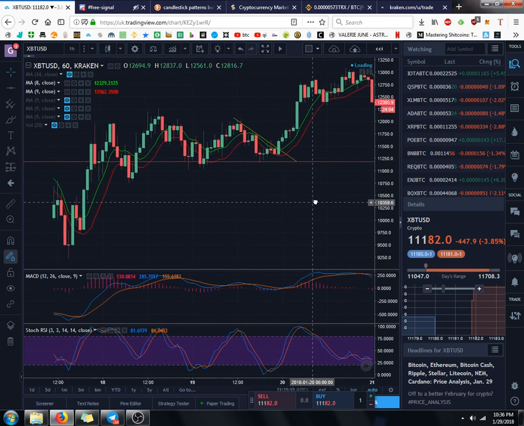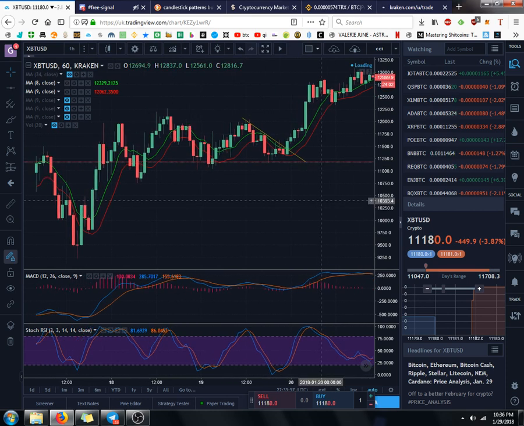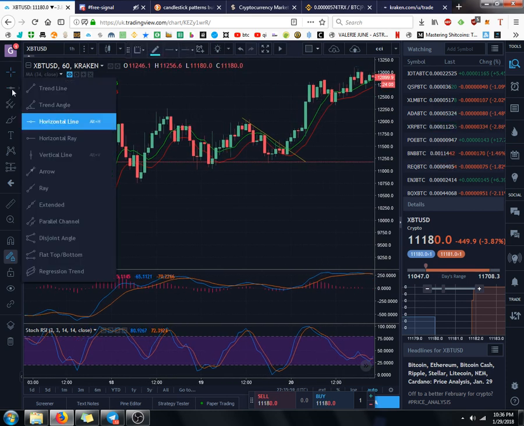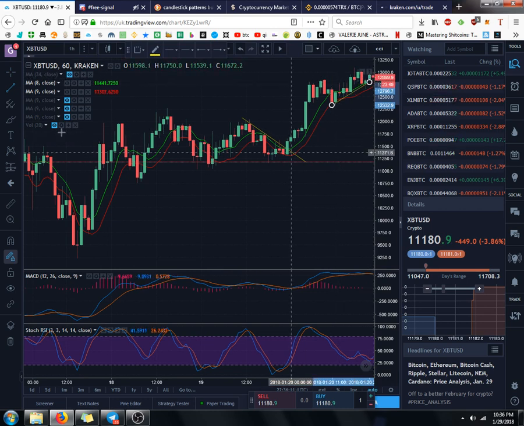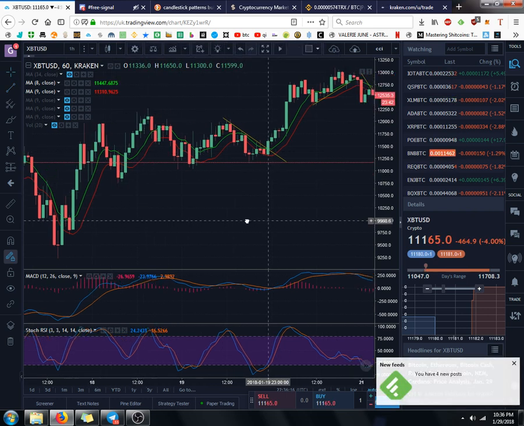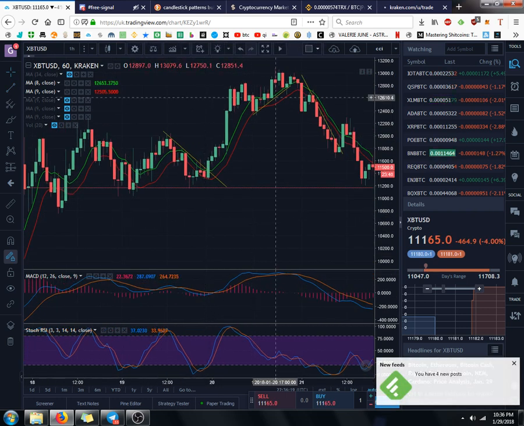So this is in real time. You're putting your trend line. You want your trend line going like this at the bottoms of the greens. So you always put it at the bottoms of the greens and the tops of the reds. See, it's on the tops of the reds, and you put it at the bottom of the greens.